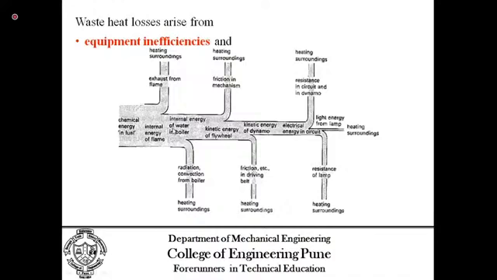The boiler will generate steam, which will rotate the turbine, then the dynamo, and then electrical energy is generated and given to the bulb. Just see, it is a Sankey diagram. This thickness refers to the quantity of energy input, and just see what the energy output is.